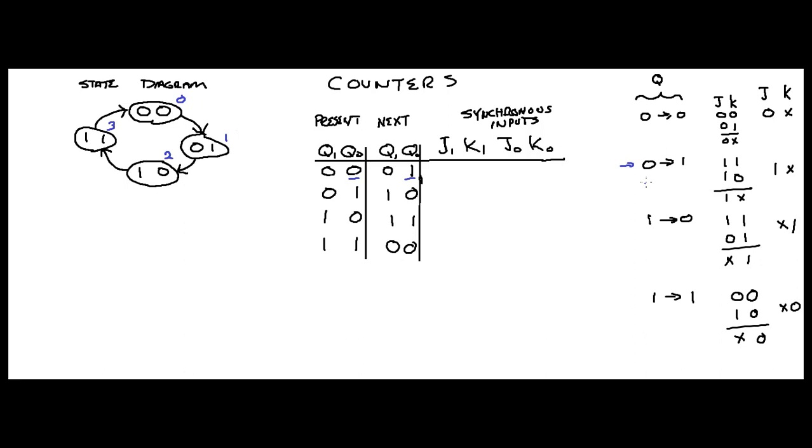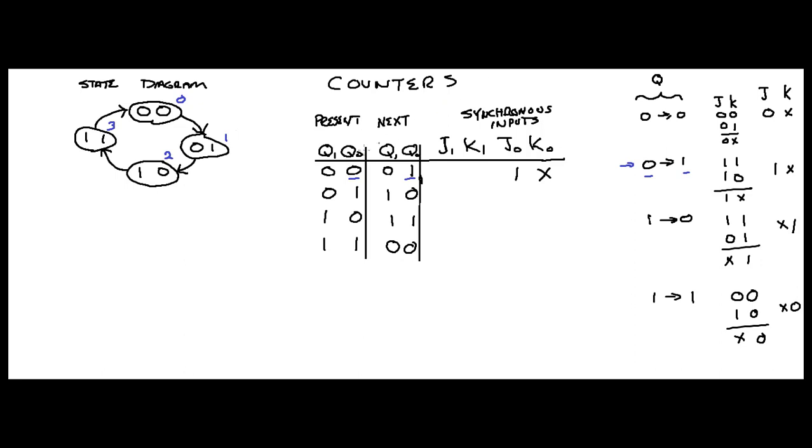We're going from a transition of 0 to a transition of 1. And that is x1, correct? So that is simply going to be x1. There we go.